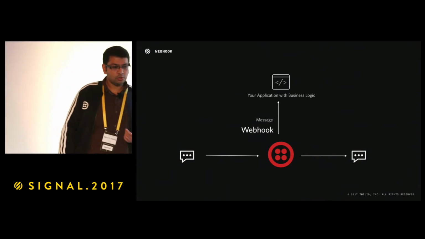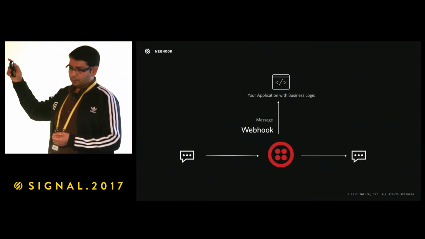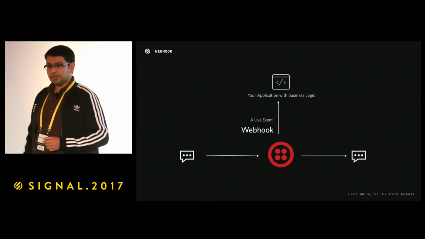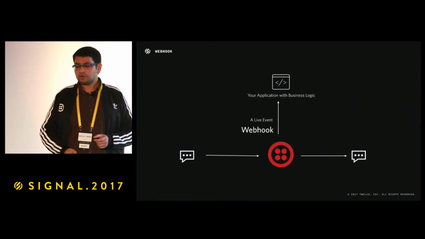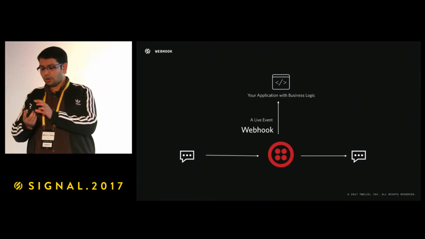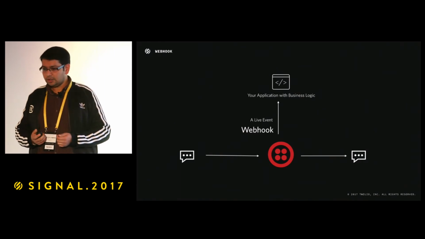Now, one of the things to note is it doesn't necessarily have to be a message for that webhook to go to your application too. It could be any live event. Let's take Tanya's example, right? When she logged into an app, she saw a message saying your account is blocked, and that is a live event.